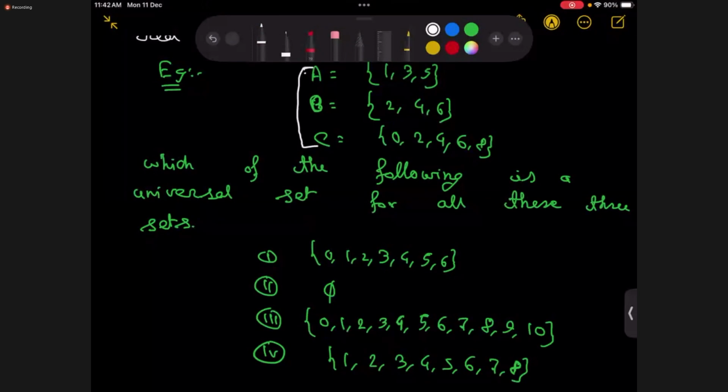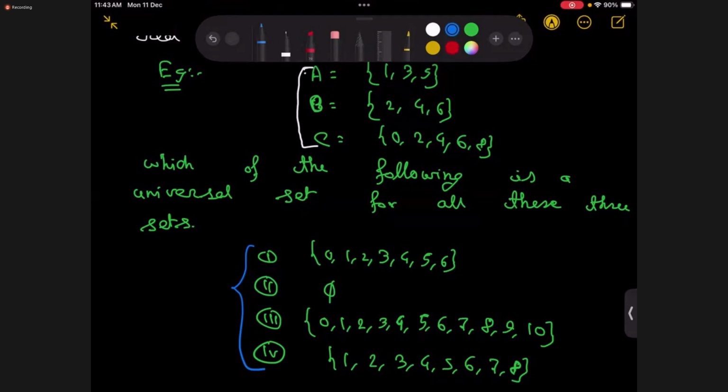First of all, check which of these sets contains all of A, B, C together. We just need to find that set. So check the first one. A is contained in this set clearly, because 1 belongs to the set, 3 belongs to the set, and 5 belongs to the set.